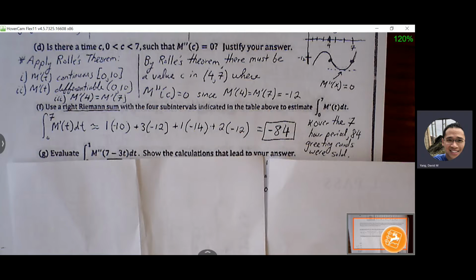Not quite cleaned up yet, so what needs to come first? Seven minus 3t is our u value, right? U substitution. So go through u substitution.